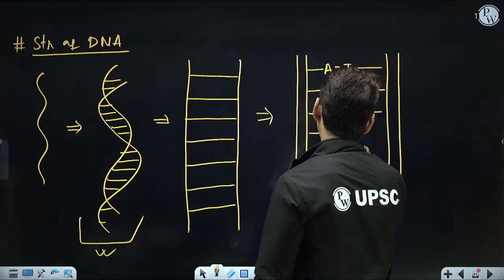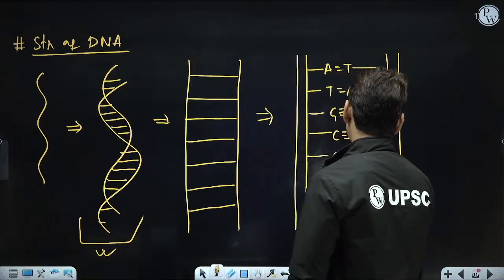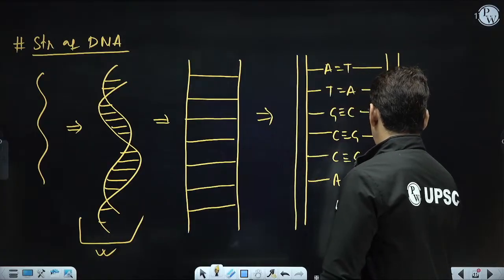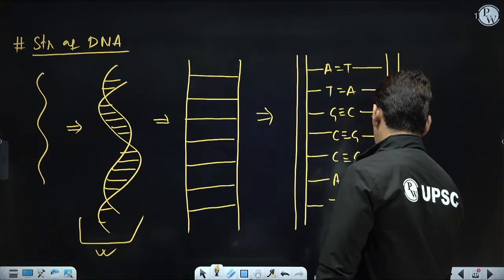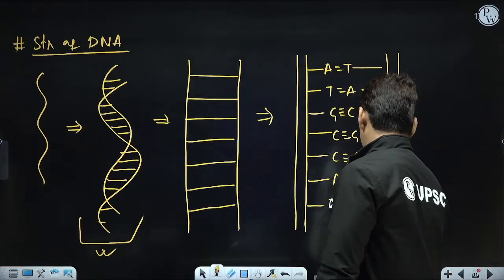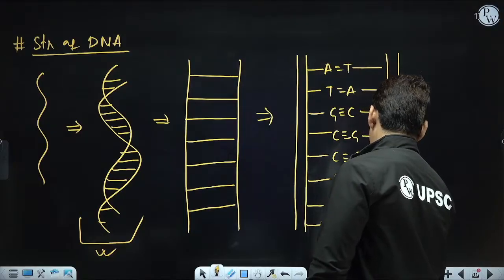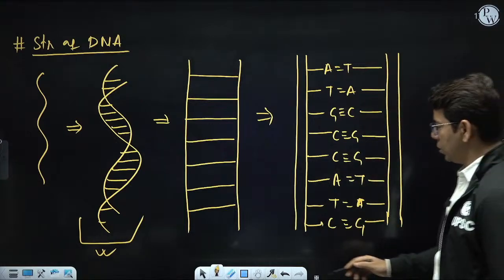There would be cytosine, triple bond, guanine. There could be repetition also. And all the information is written in that format, right? There is no particular combination of it.